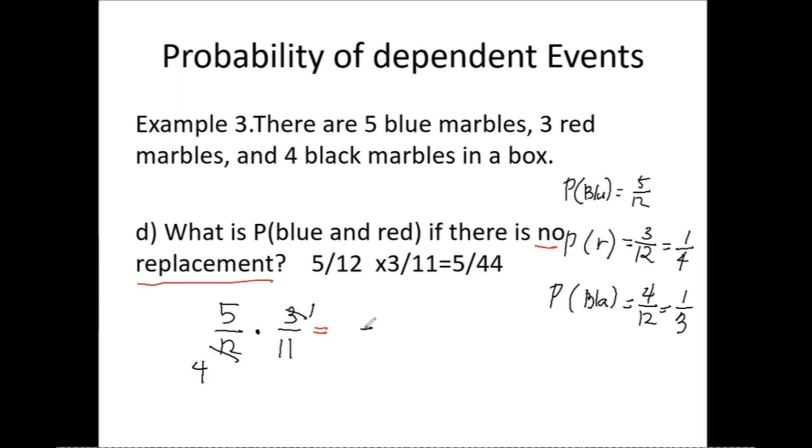Kaya 5 times 1 is 5, then 4 times 11 is 44. Ito yung ating sagot. Okay? 5 over 44. So, ang probability ng blue and red ay 5 over 44.